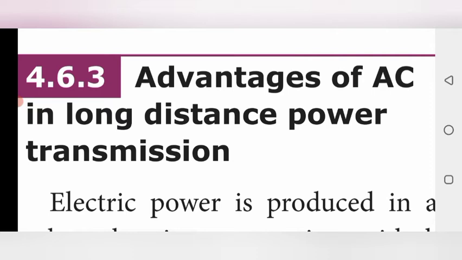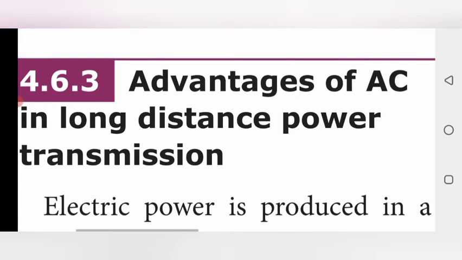In the step down transformer, the high voltage and low current are converted into high current and low voltage. It then passes through the city substations and comes to each and every home at 240 volts. This is the transmission method of AC.